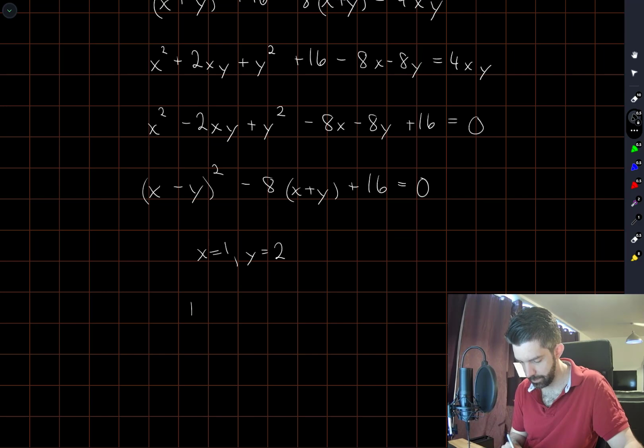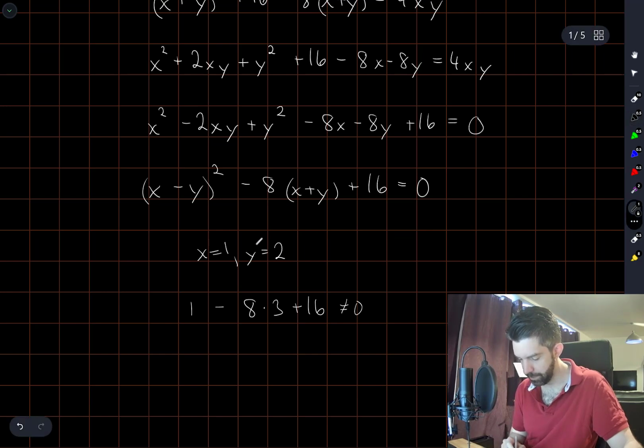1 minus 8 times 3 plus 16, which is certainly not equal to 0. So in fact, another thing we note here: this is a multiple of 16, this is a multiple of 8.